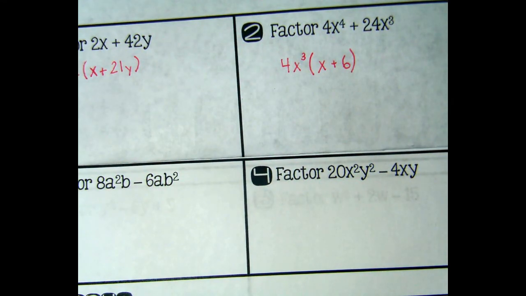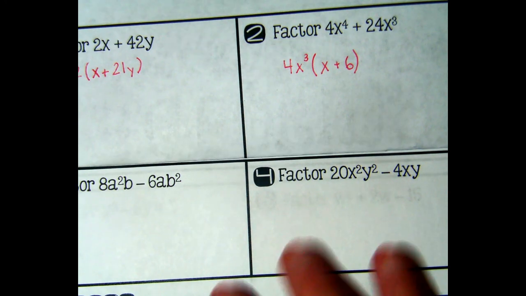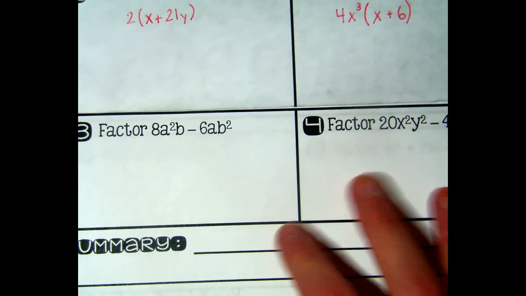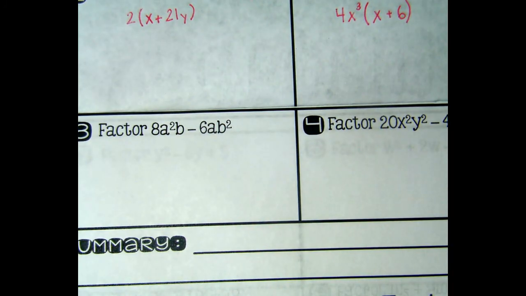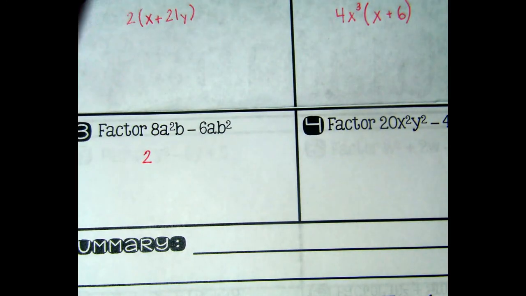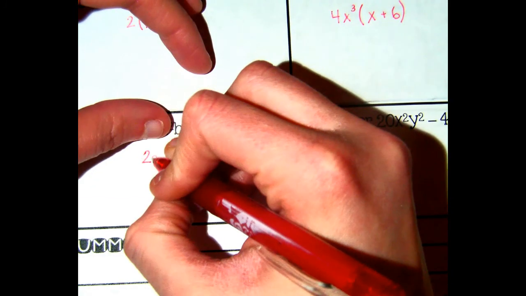Try 3 and 4 as a quick review. Since 6 does not divide into 8, what is the smallest number that will go into both? Okay. What variables do they have in common? Do they both have an A? They both have an A and B?